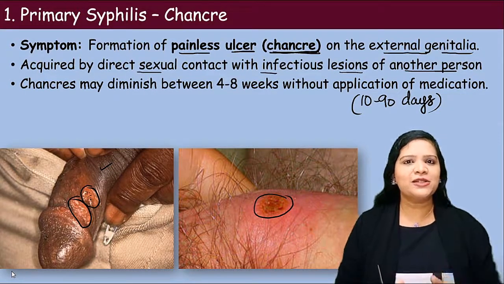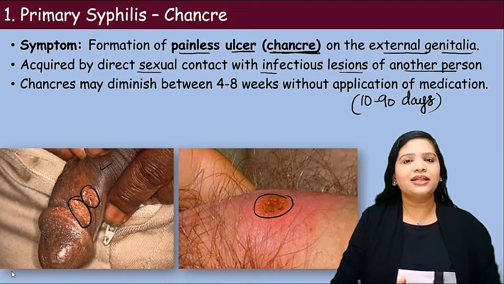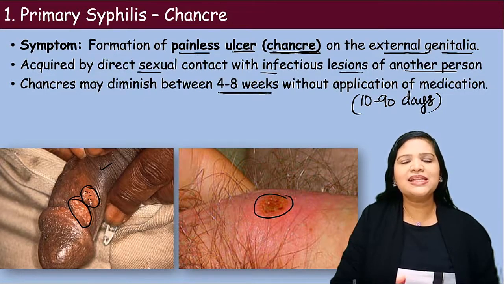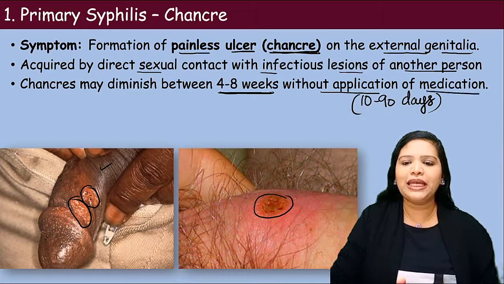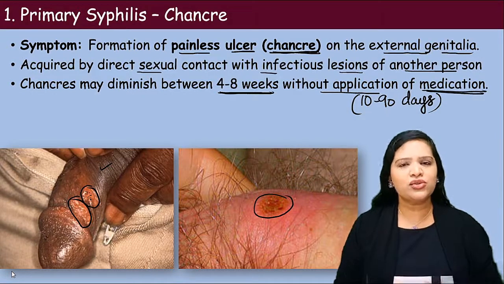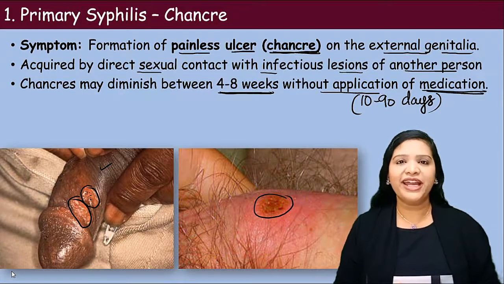Like this it spreads initially from this chancre. Another important thing is that this chancre or the ulcers subside between 4 to 8 weeks without any medications. Because the person doesn't recognize it, there is no pain, it automatically subsides in 4 to 8 weeks.